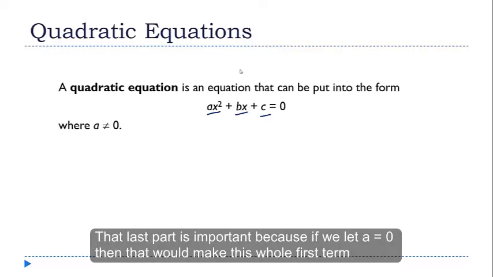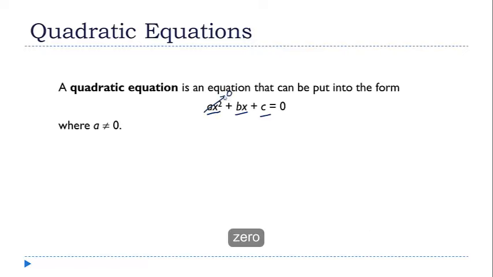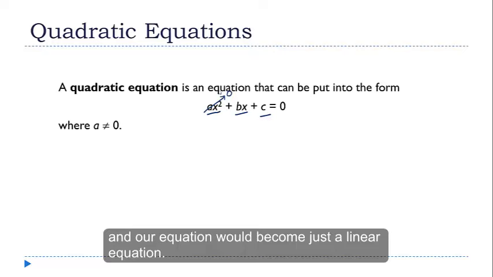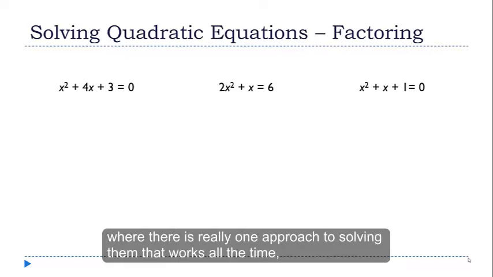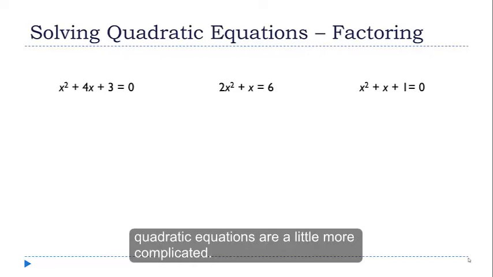And the last part is important because if we let a equal 0, then that would make this whole first term 0, and our equation will become just a linear equation. Now, unlike linear equations, where there really is one approach to solving them that works all the time, quadratic equations are a little more complicated.